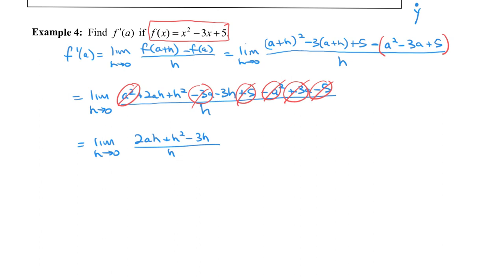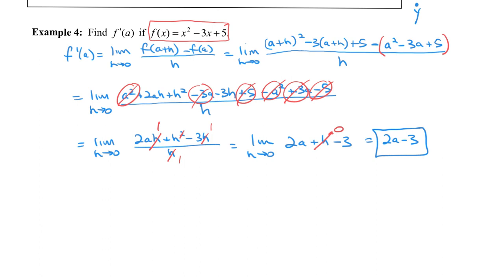But you can see that every term has an h. So I'm going to cancel out these h's. This becomes h to the 1, that just goes to 1. That goes to 1. So then we end up with the limit as h approaches 0 of 2a plus h minus 3. And now we can take the limit, allow h to approach 0, and we'll be left with 2a minus 3.